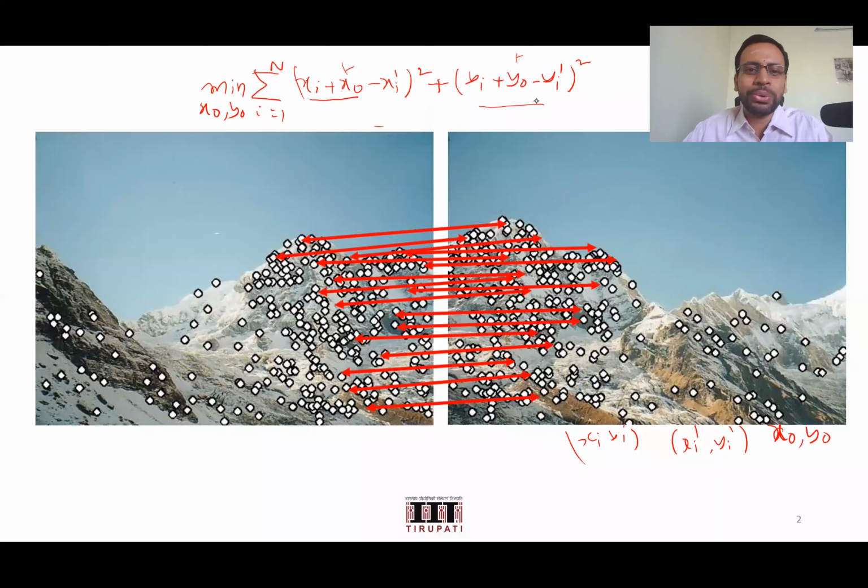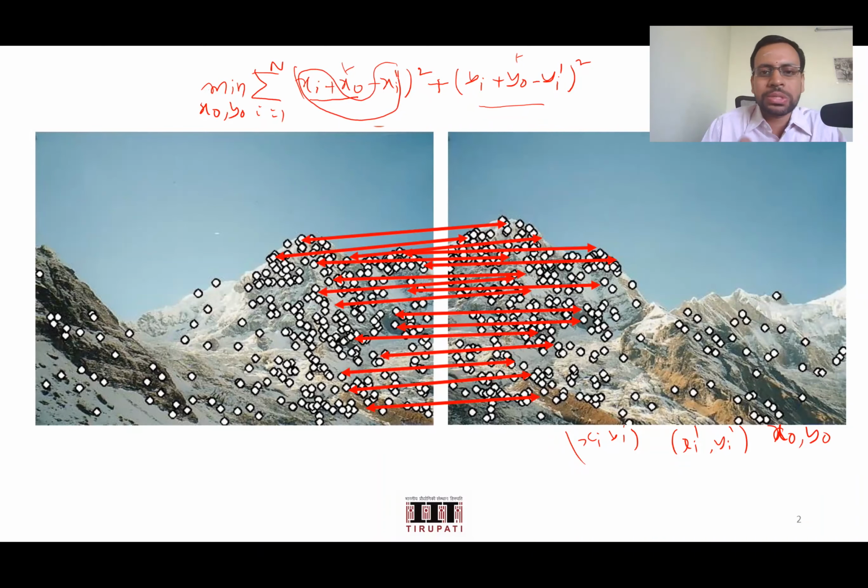Now, how do you compute x naught? Differentiate with respect to x naught. That's right. You write it as xi minus xi dash. Of course you have two terms here. xi minus xi dash is essentially a constant value that has nothing to do with the parameter x naught.